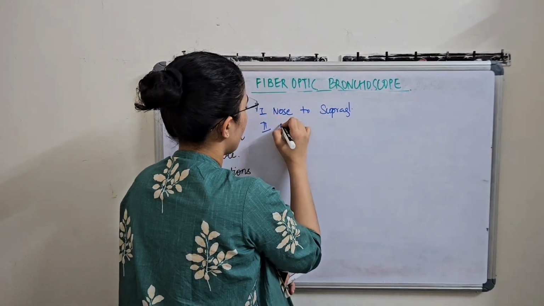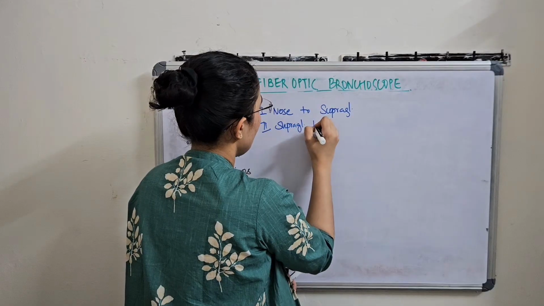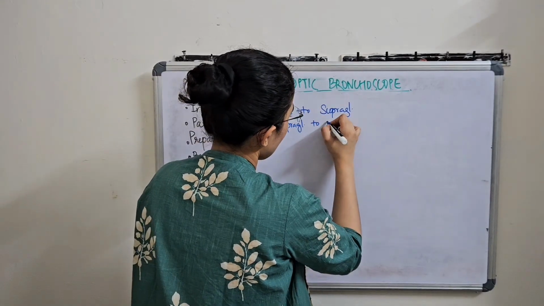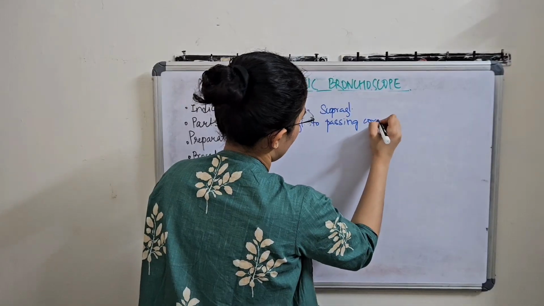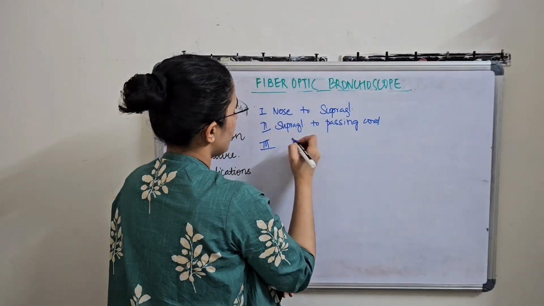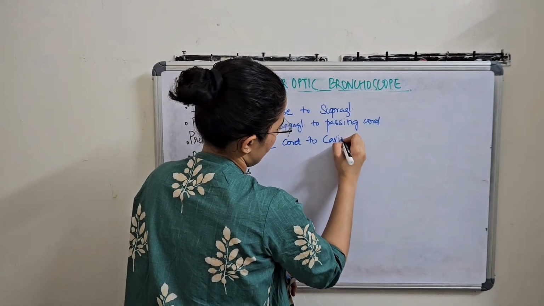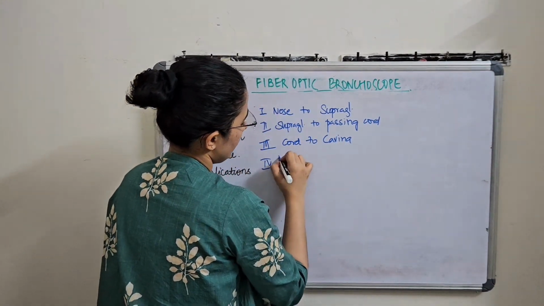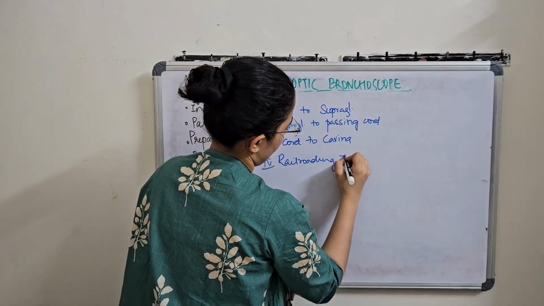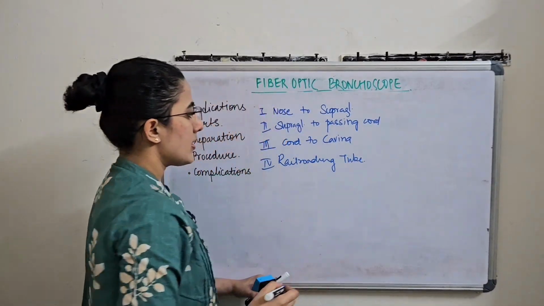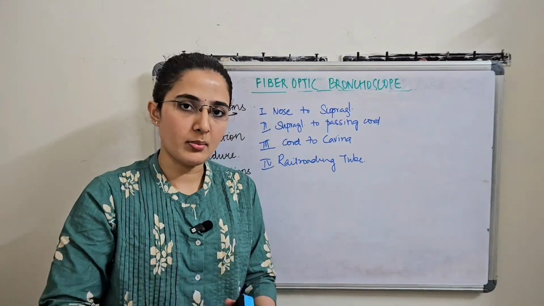Second is from the supraglottic view to passing across the cords. Third one will be cords to the carina visualization, and fourth is the railroading of the tube. So we can divide this into the 4 steps, and let me discuss them one by one.